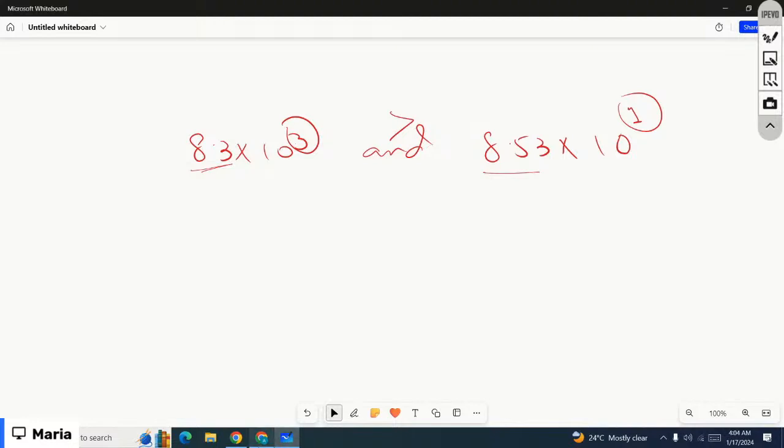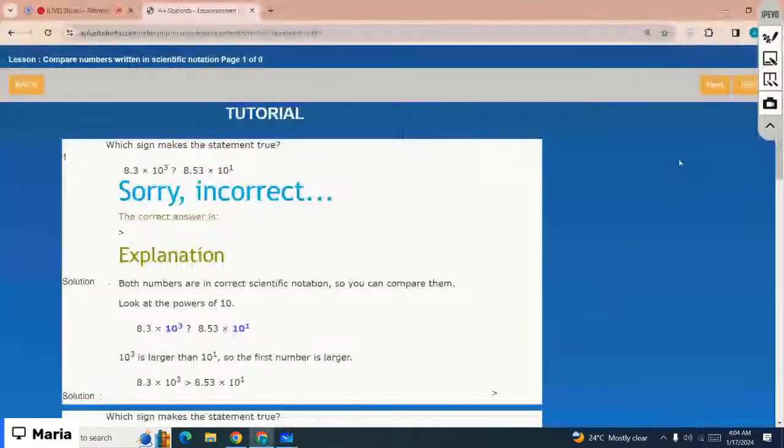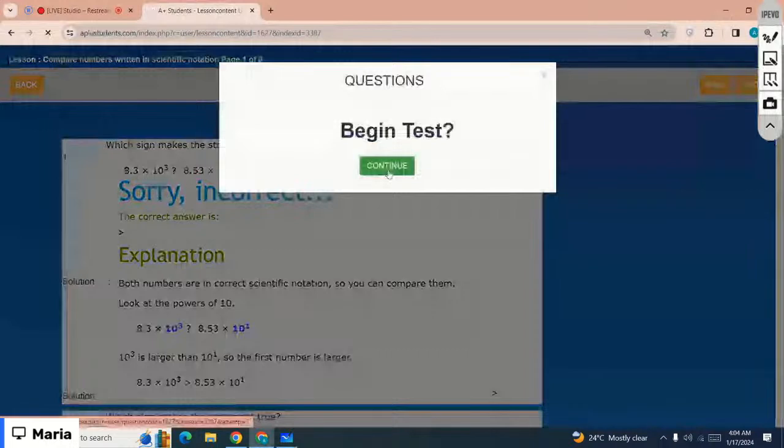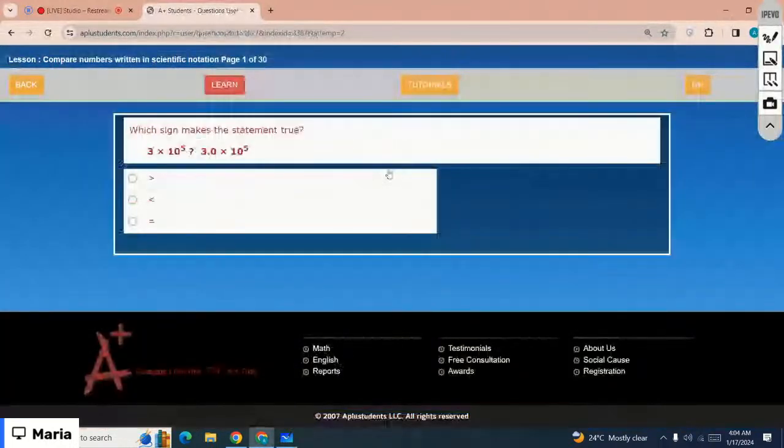Let's start with the test questions. Okay, 3 times 10 exponent 5 and 3 times 10 exponent 5, which is the correct option?